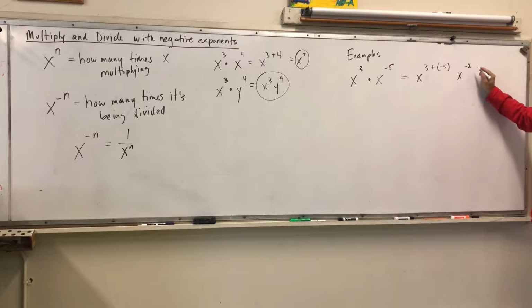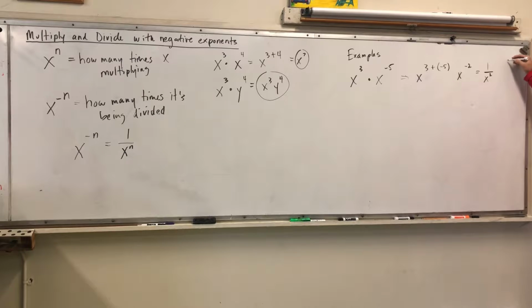Here we have a variable raised to a negative exponent, so basically this is an inverse. We're dividing by this number however many times. An example of that would be, I'm dividing whatever's on top, let it be a 4, by 2 twice.